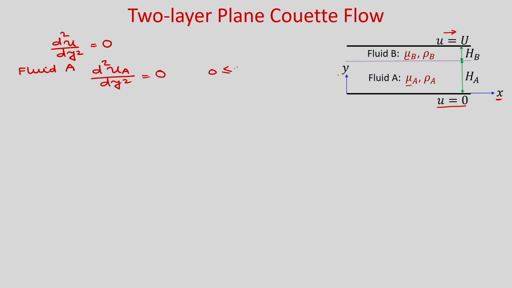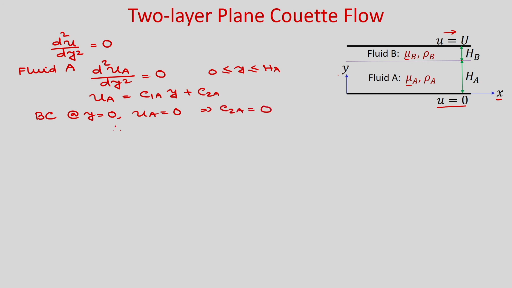Okay, this is in the range 0 to h A, and you will get u A as C1 A y plus C2 A, where C1 A is an integration constant, and C2 A is an integration constant. So, if you put boundary condition at y is equal to 0, u A is equal to 0, that will give C2 A is equal to 0.